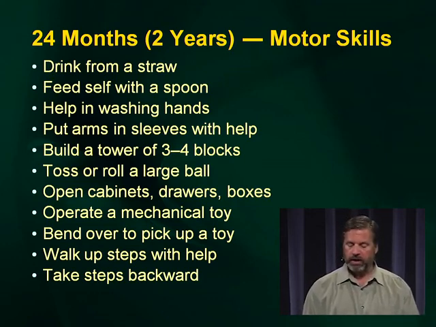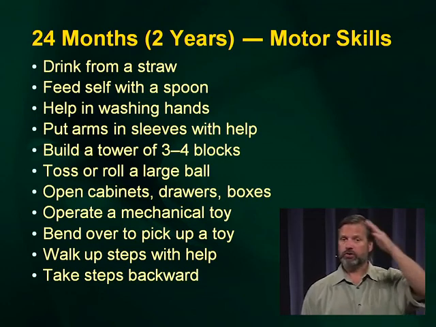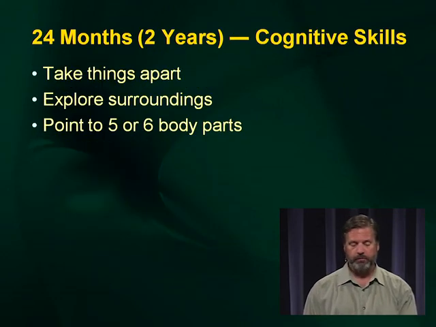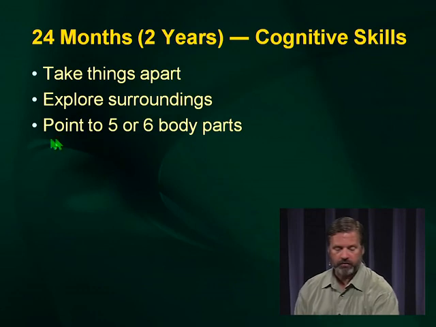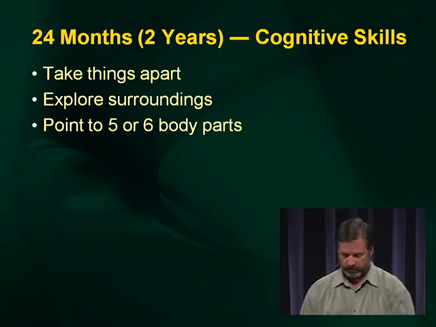Again, pick a handful of these that are familiar to you or that you want to use as comparable milestones to one another, and maybe even make a chart for yourself so you can track how they go across. This is another big one they often pick: able to point to or recognize body parts at 24 months.